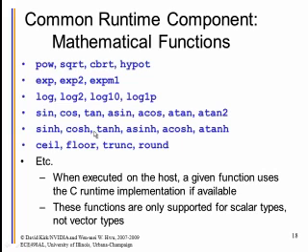The common runtime component also provides mathematical functions such as pow, sqrt, cbrt, and hypot. The pow function is some number to the power of something, like 4 to the power of 7. The sqrt function calculates the square root.